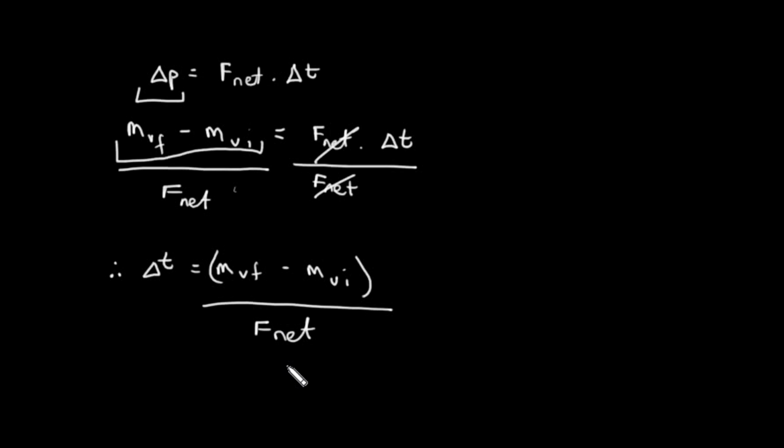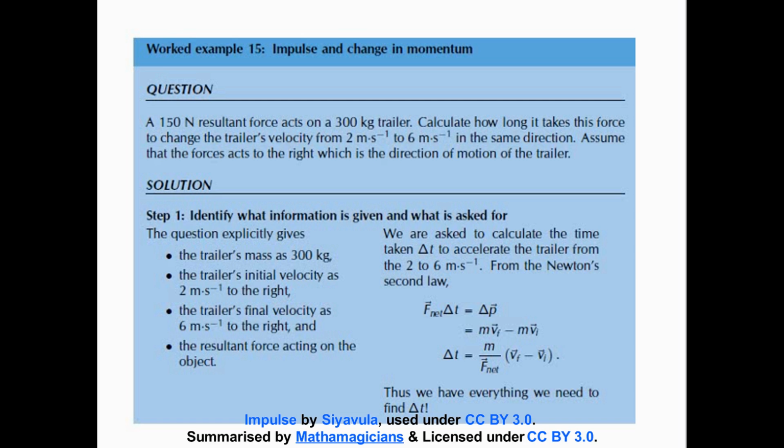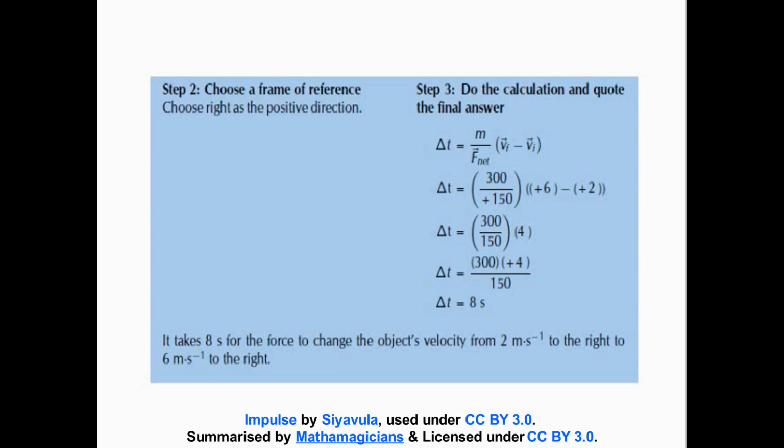In the example, they take out m as a common factor and write m over F net, brackets v f minus v i. Now that we have everything we need to find delta t, let's go ahead and find it.